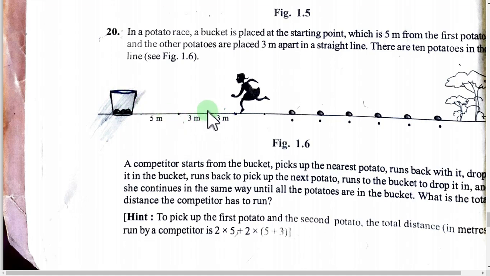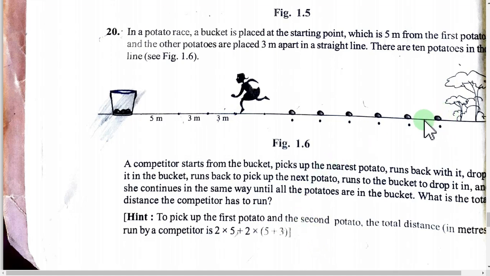So again she comes, how much distance does she run? 5 plus 3 again. So 2 times 5 plus 3. 2 into 5 plus 3. Next, the third potato she will take. How much distance does she run? So 5 plus 3 plus 3, that is 6. 5 plus 6, 2 times 5 plus 6. So the next term will be 2 into 5 plus 6.